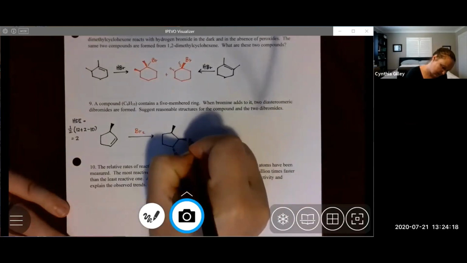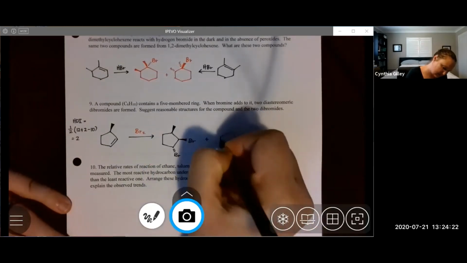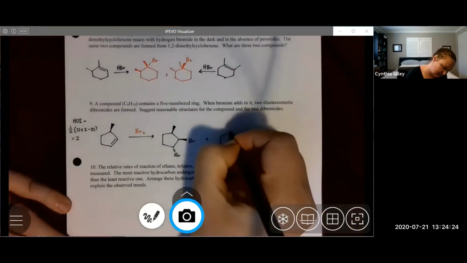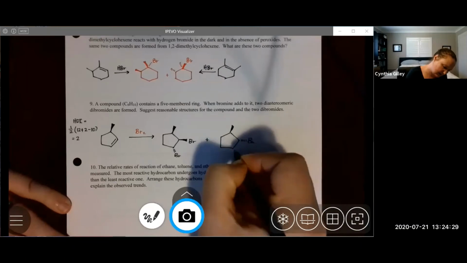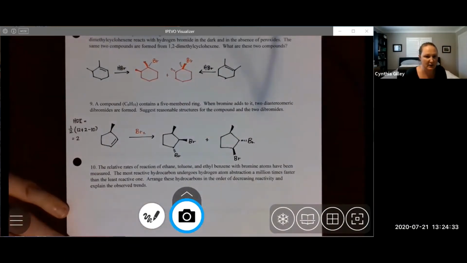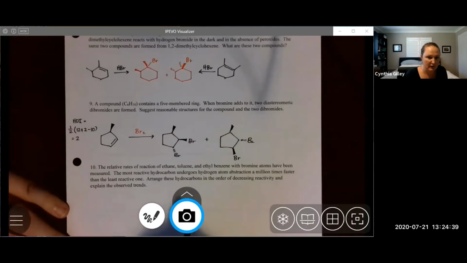And then we will get diastereomers. Because it's also possible that we would get the down bromine here and the up bromine there, and then these two are related as diastereomers because there's one chiral center that's the same, and then two that are the opposite. So that makes sense to me.